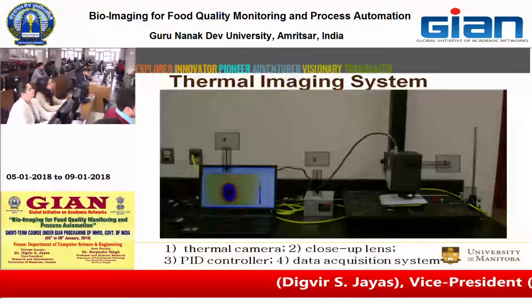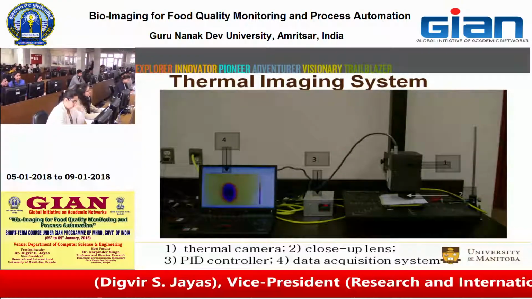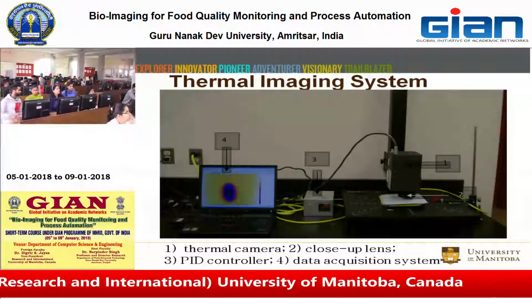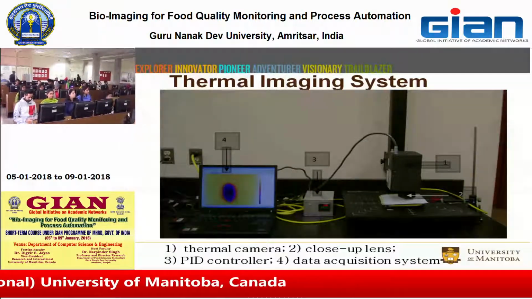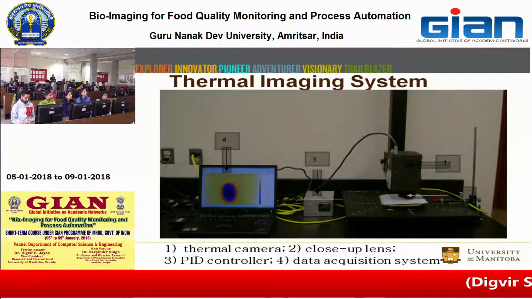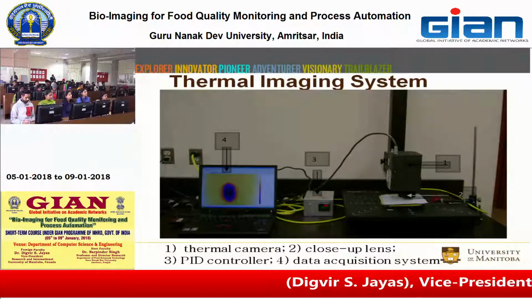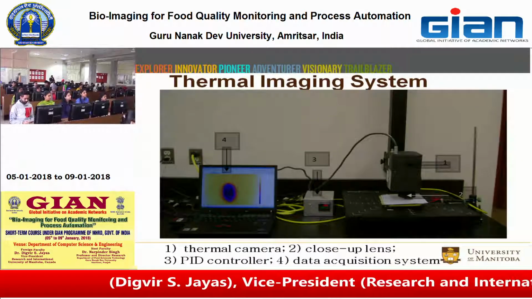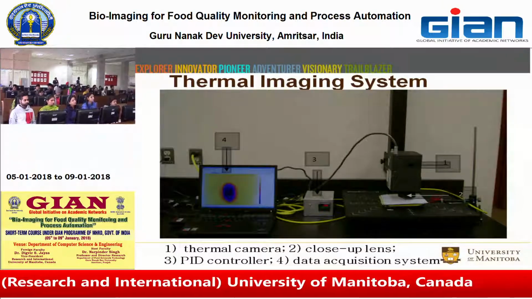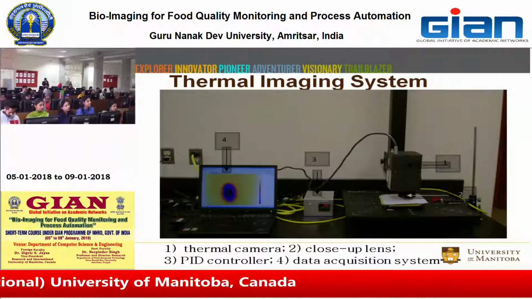So in the thermal imaging system, what you are looking at is any object, and it does not matter what the material is. Every material, you would remember from Stefan-Boltzmann law, if the temperature of a material is more than minus 273.15 degrees centigrade, it would emit heat.